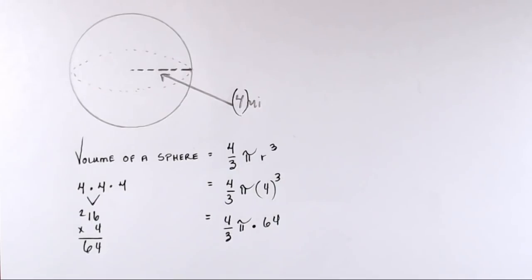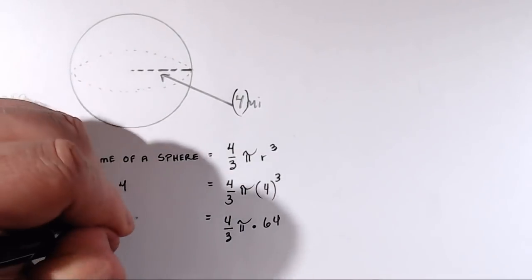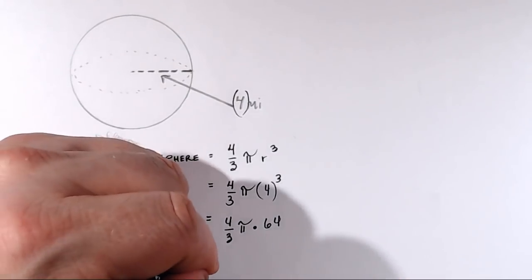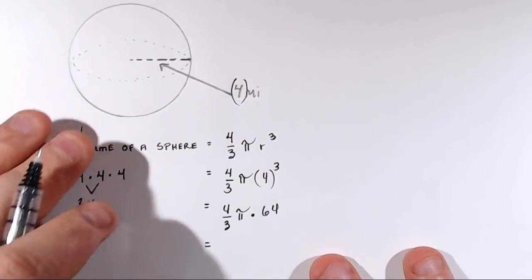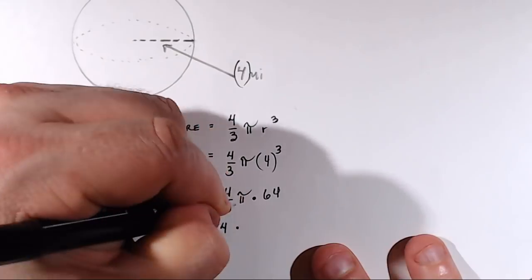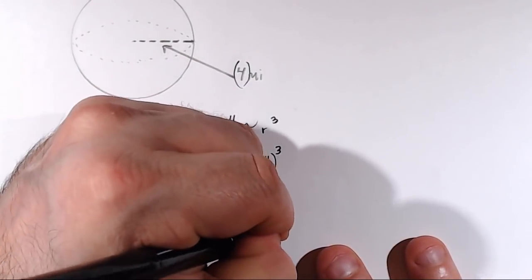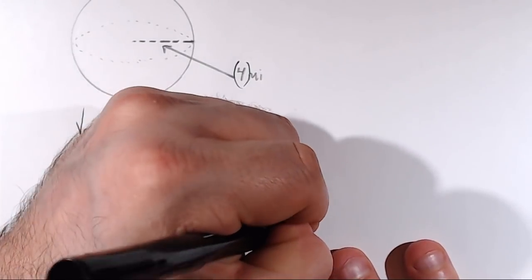Okay? So now what? Now I need to multiply my two whole number numerators because I've essentially got the following problem. I have 4 times 1/3 times pi times 64.